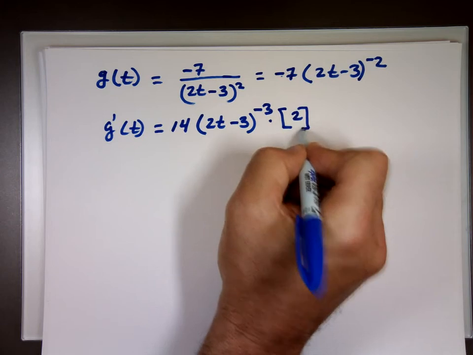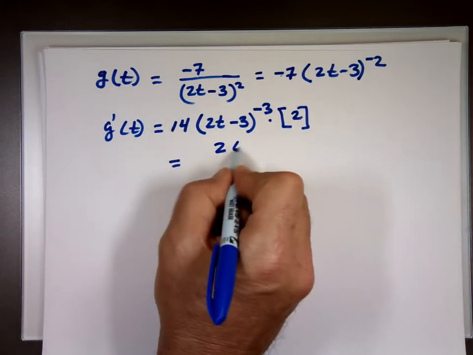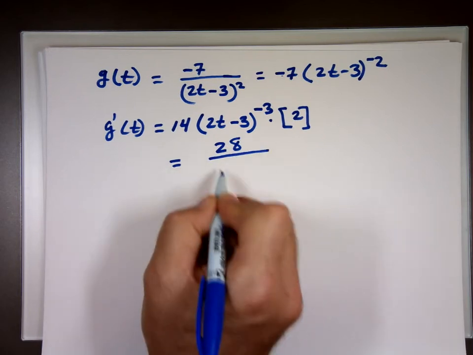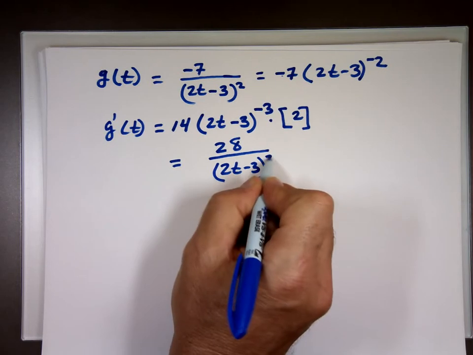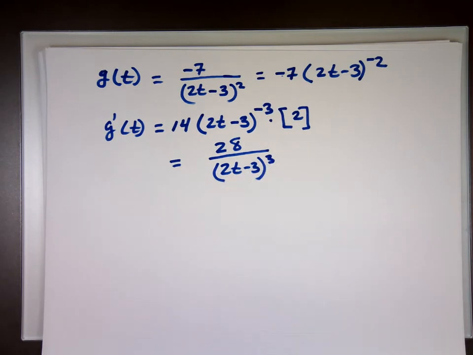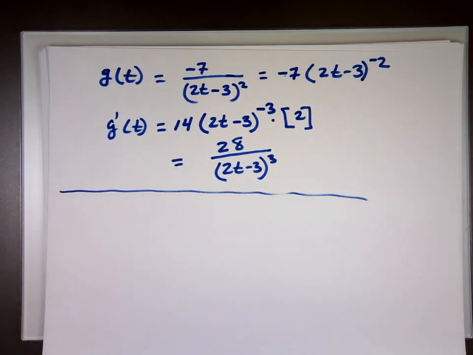You want to simplify that? 2 times the 14, which is what? 28 over 2t minus 3 to what power? Third. Notice you could have done this with the quotient method, but why should you? That's a lot quicker.